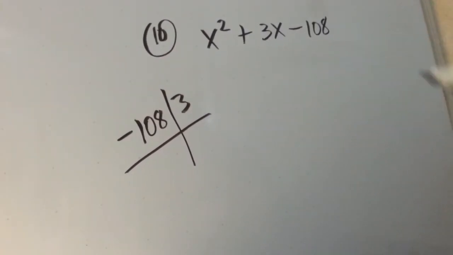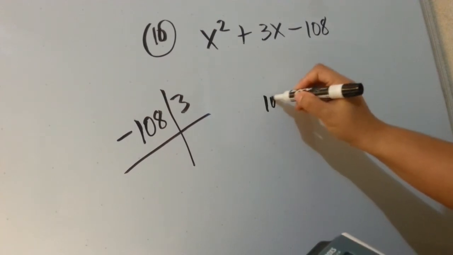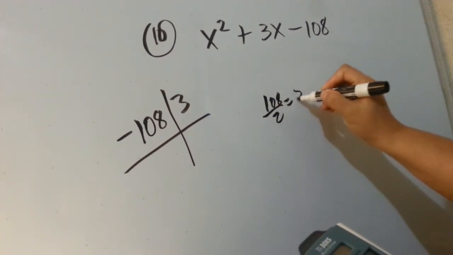Alright, so a lot of you are asking, well, how do I do this? I already know it's not going to work, but essentially what you do in the calculator is you do this. 108 divided by 2, 54.